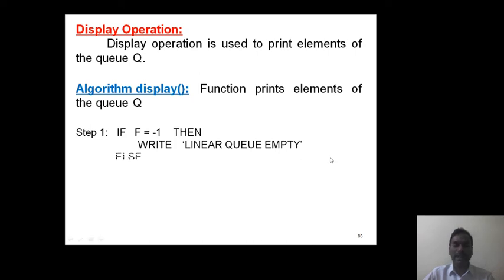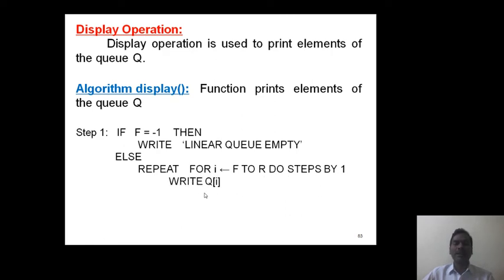Otherwise, now elements are available from F to R. Hence, repeat for I = F to R, step by 1, write Q of I, and repeat. End if. Now step 2, return from the function.